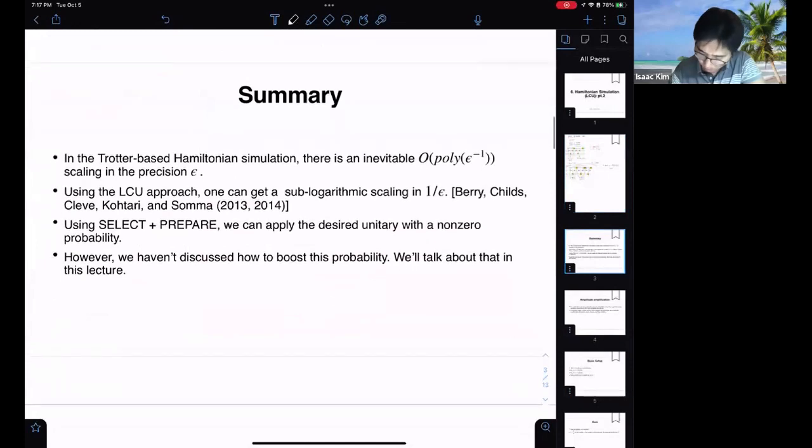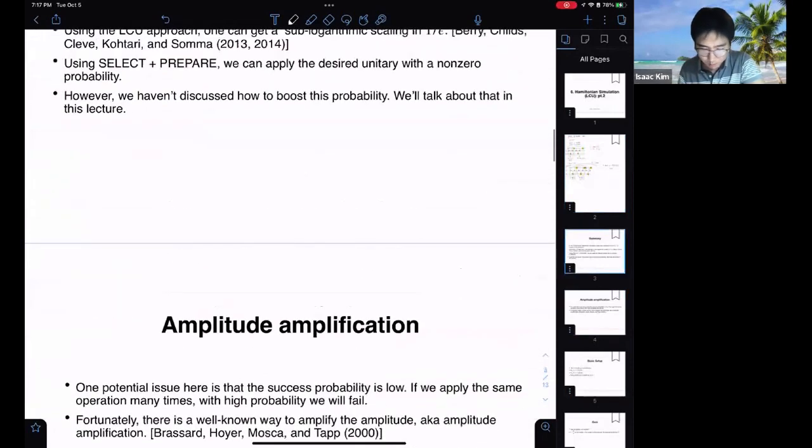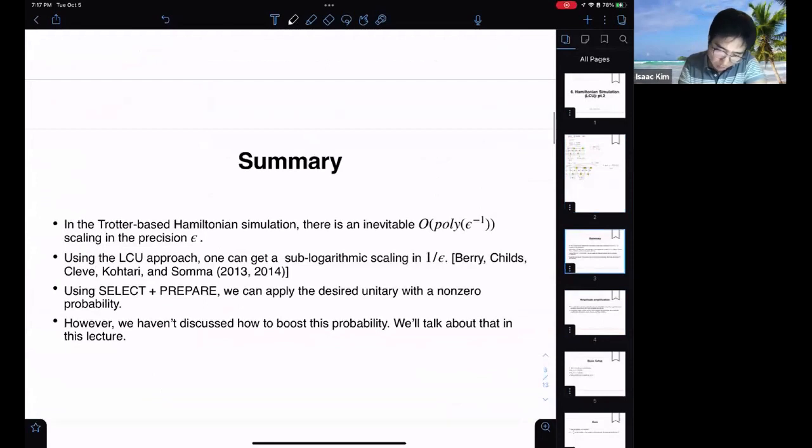All right. So what I want to discuss in the remainder of this lecture is this last point. We haven't discussed how to boost this probability. All we've established so far is that with some sequence of operations followed by a measurement, we can apply a certain operator probabilistically.